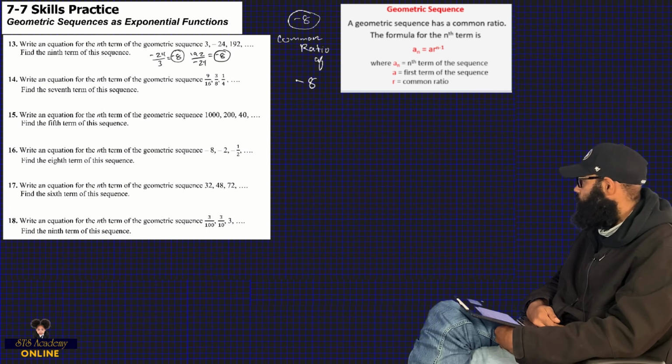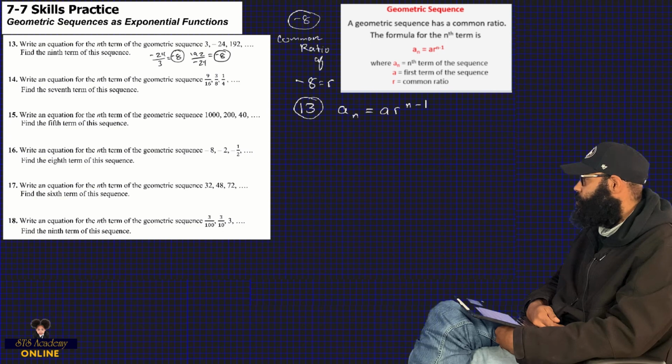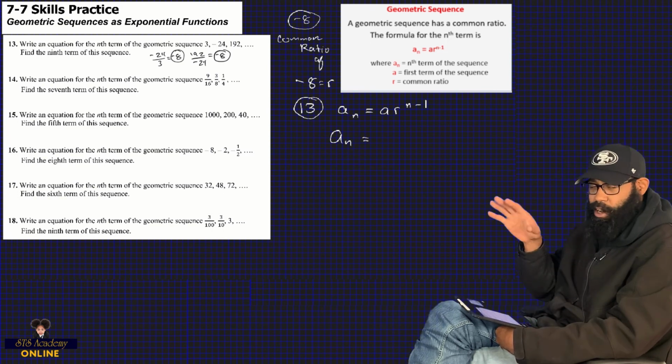What else do I need? The first term, of course. And the nth term of the sequence, right? Now, 13, so I have to clarify for myself.